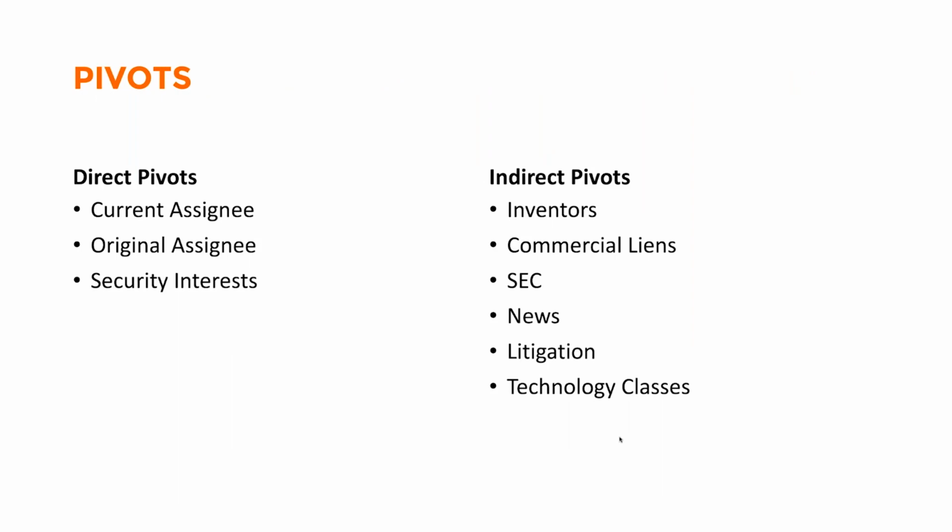So I talked about pivots. When we're looking at ownership, I try to keep my direct pivots to the short 3, as we've talked about earlier. But then I start normalizing the things using: are the inventors the same? Do all the family members belong? Do the commercial liens also agree with the security interests?